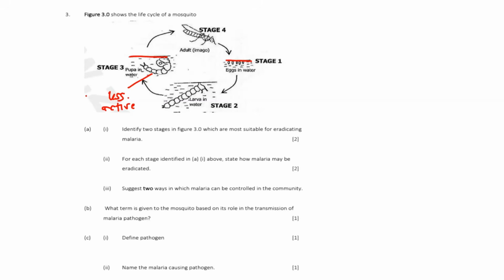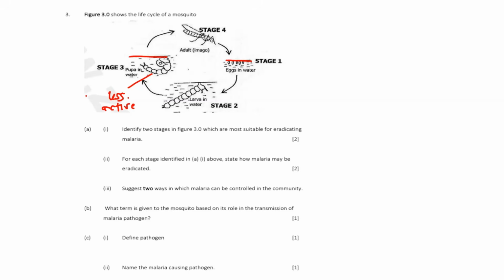Most of the time it is constantly undergoing internal changes. There are many changes occurring inside, and therefore it is less active. Even as I explain, you need to get the point, so that as the questions follow, you will answer them correctly.